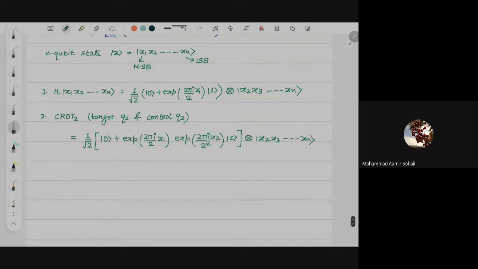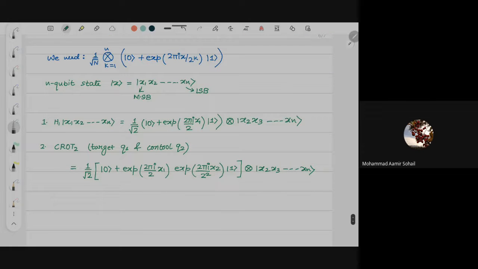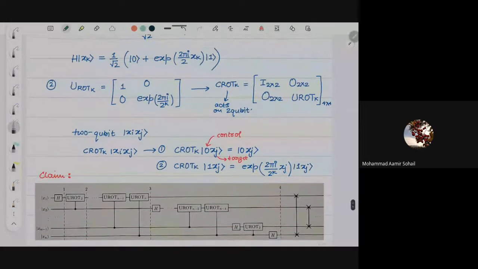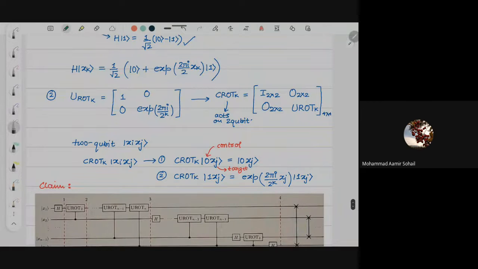How does this come about? Let's try to understand. x2 goes with 0 and 1, so there will be two things, 0 with x2, and the exponential term with 1 and x2. When this U rotation acts, the 0 part remains as it is, and when it acts on the 1 part, we get this exponential term, where the denominator has 2 raised to k.